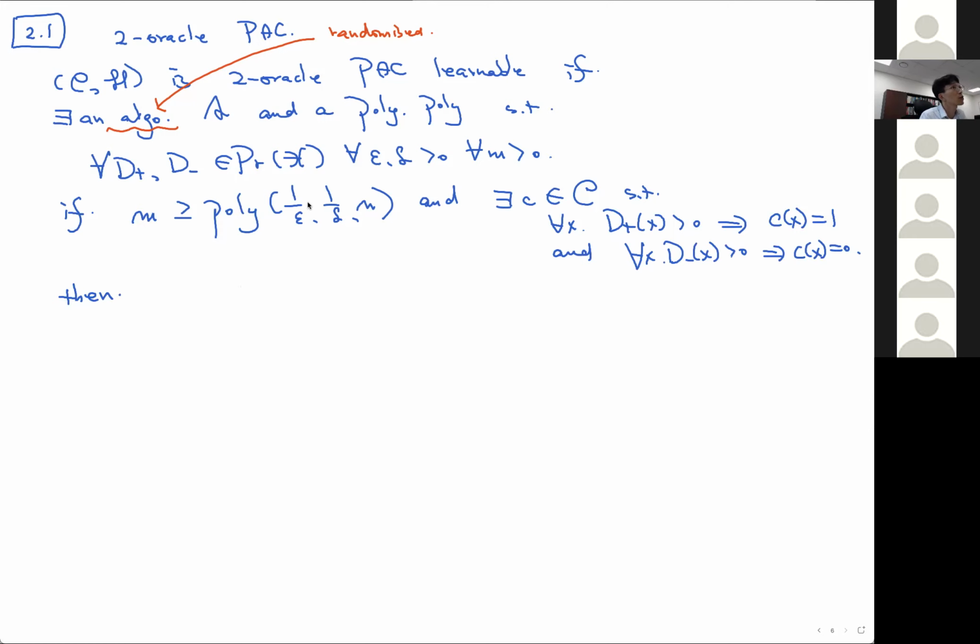So what this algorithm A does is take M samples from the distribution D plus and also M samples from D minus. So it gets positive samples and negative samples separately, and then it returns a hypothesis.